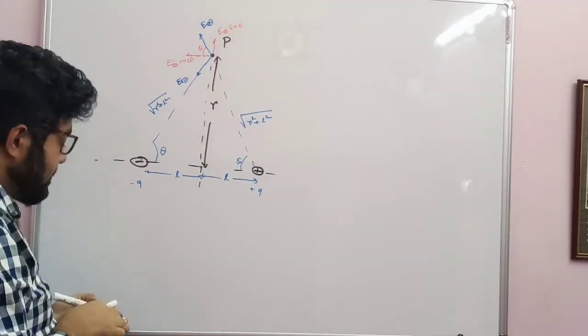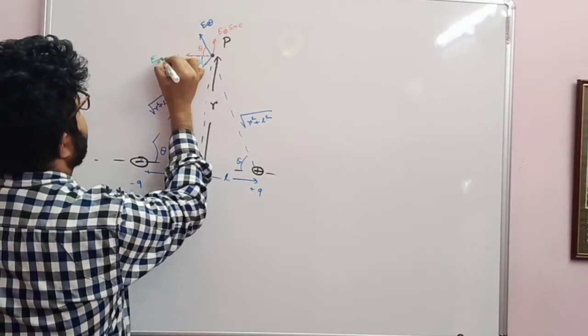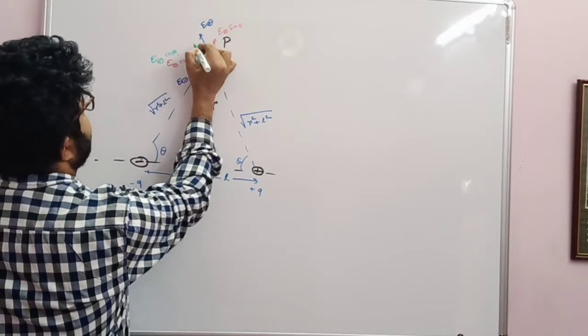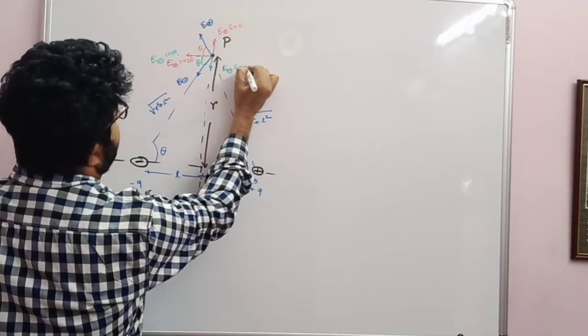Similarly, this angle is theta, so this is E minus cos theta, and this one is E minus sin theta.